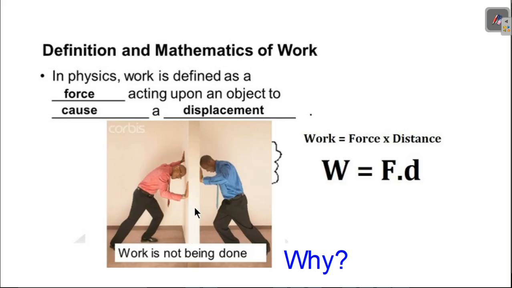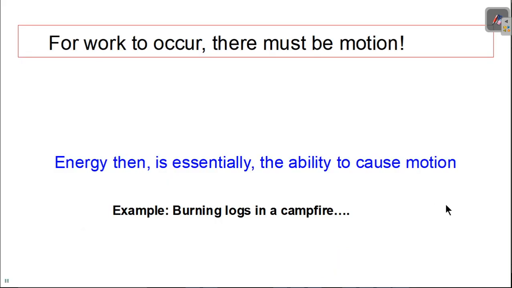Why? Okay? So let's continue with this. For work to occur, there must be motion. If you don't move, you don't have work. That's your definition. Energy, in other words, is essentially the ability to cause motion.